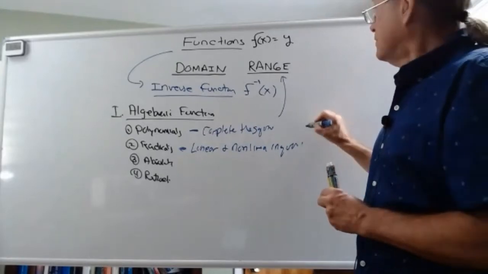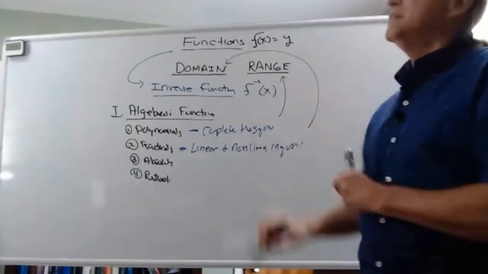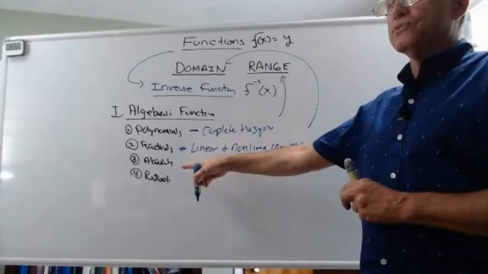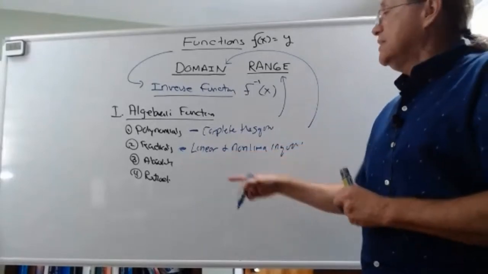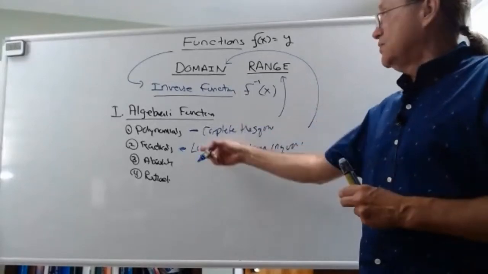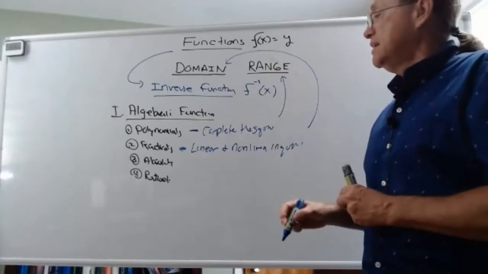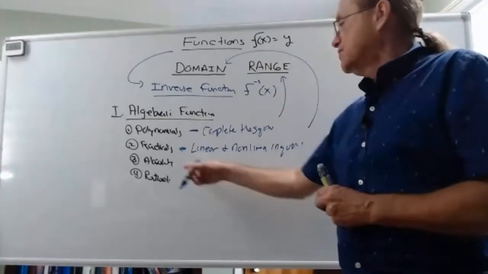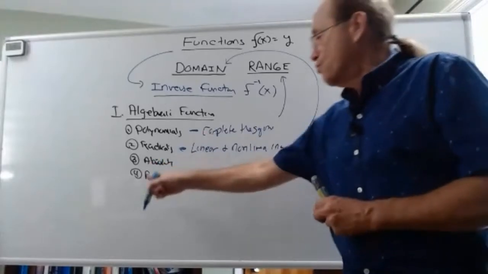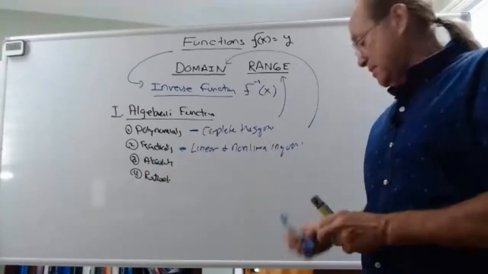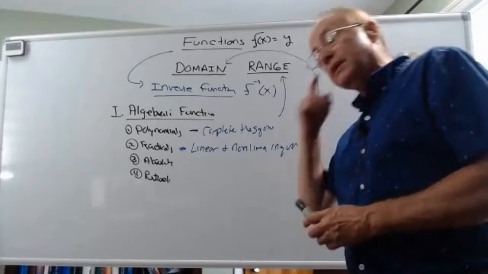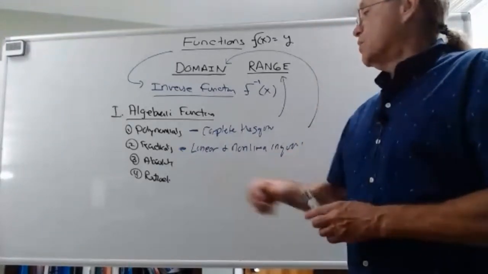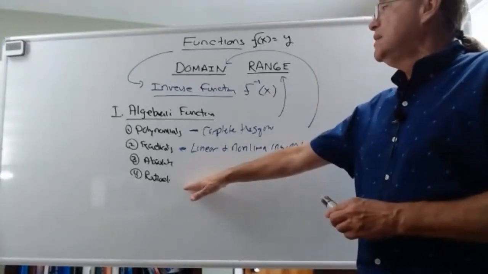That's mainly for their domain. For the range, we pretty much look at what the domain is, and you can look at a graph as well and determine the range from that. Now, absolute values are relatively basic. We'll show the graph and do that. Rationals we'll not cover today, but tomorrow, probably on Wednesday a little bit, is a little more complicated, and we'll look at that as well.